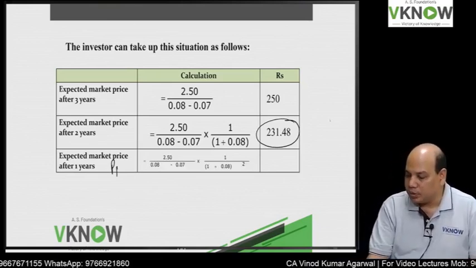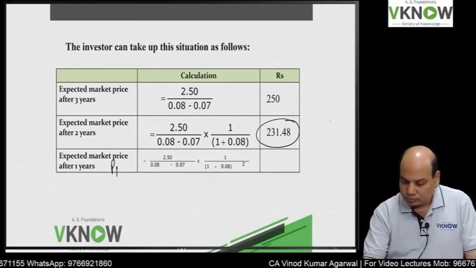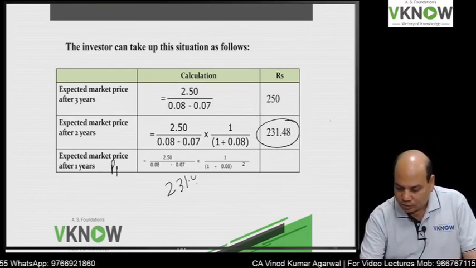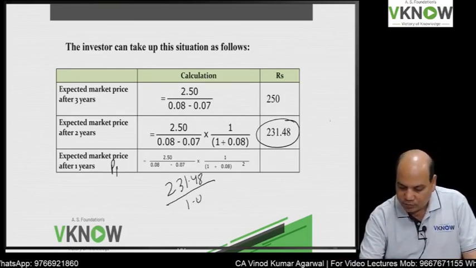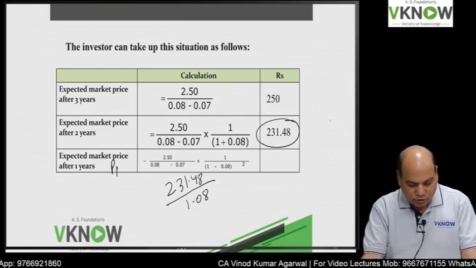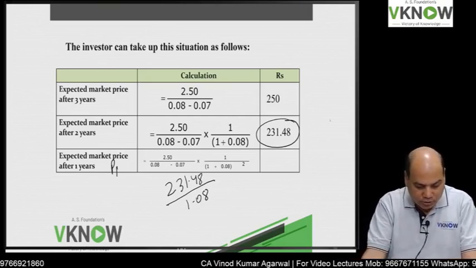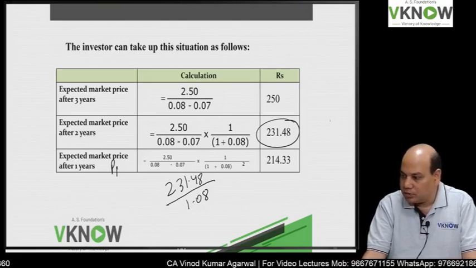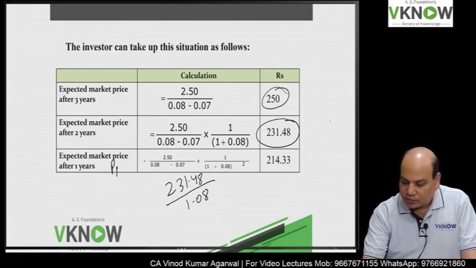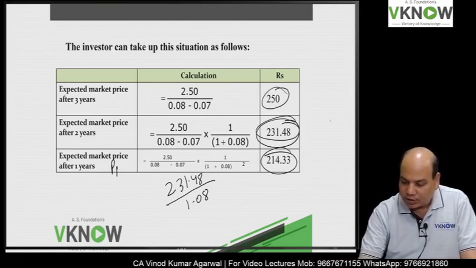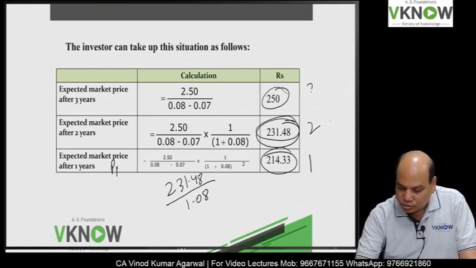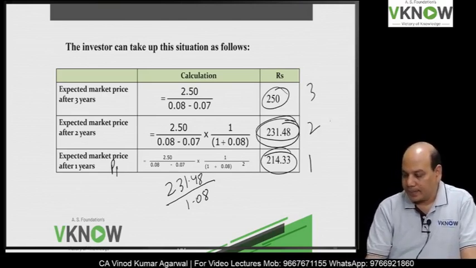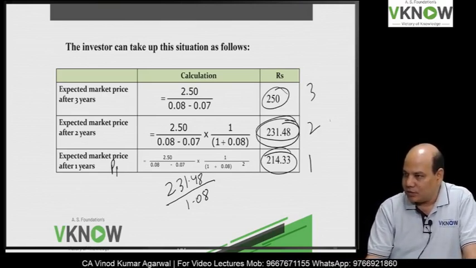Take 231.48, write like this: 231.48 divided by 1.08. Just bring it down by 1 year. So he is getting 214.33. These are the prices of the share at the end of year 1, 2, 3. Up to this is understandable.